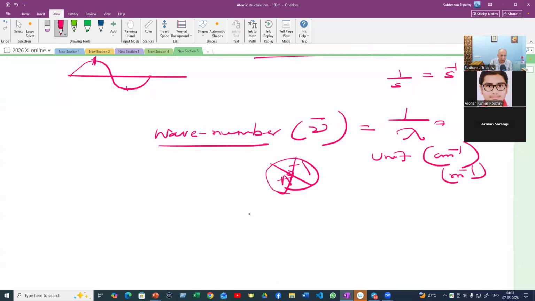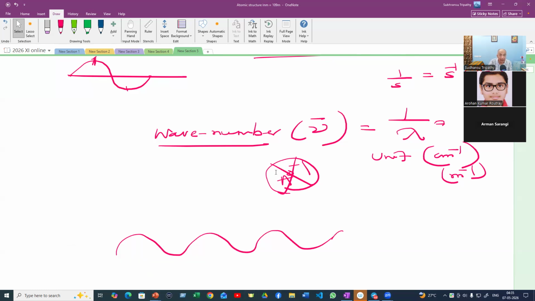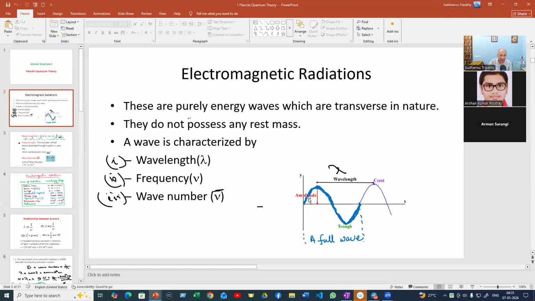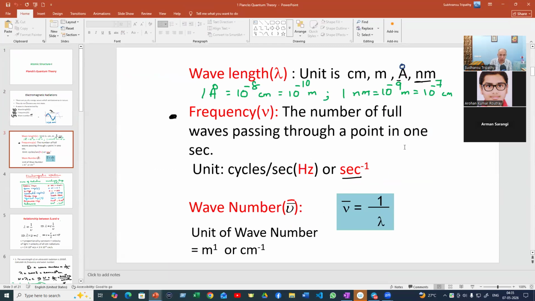So, interestingly, you can feel that electromagnetic radiations, you can have a look. I will share all the files and I will check how much attentive you are. You will be writing at your home.